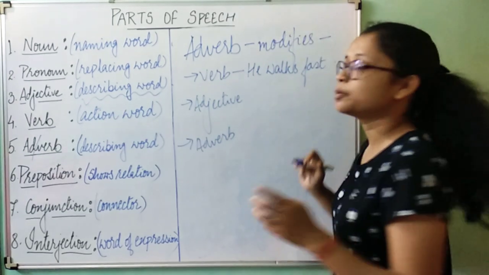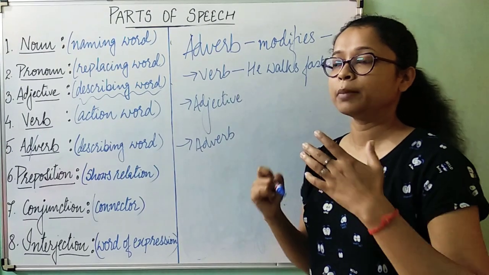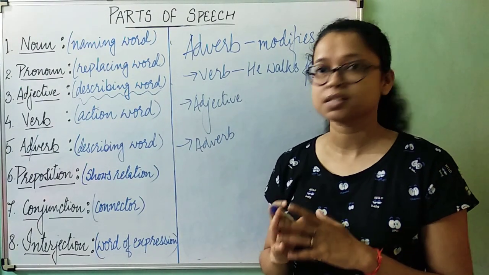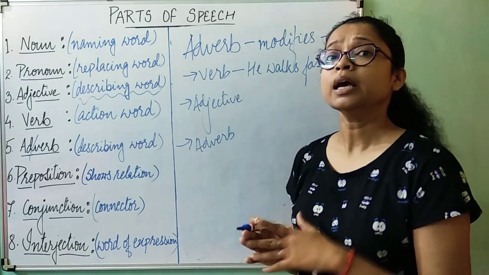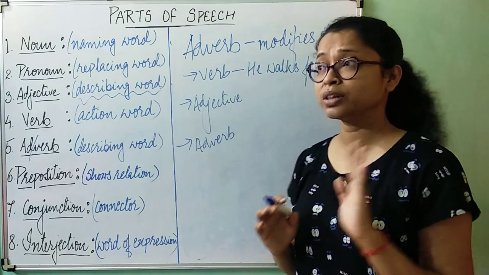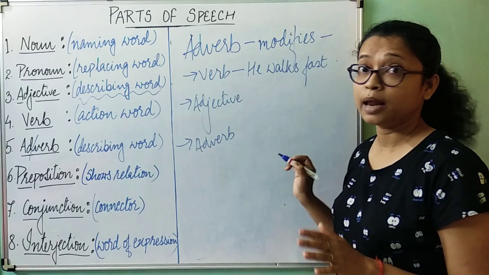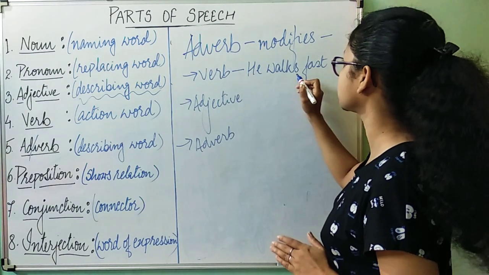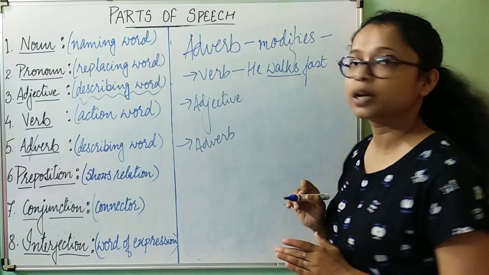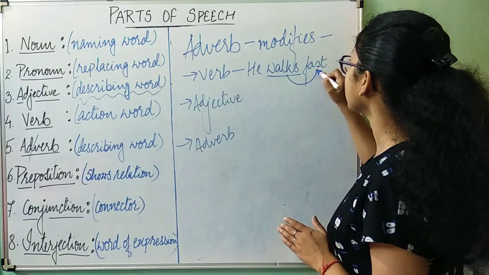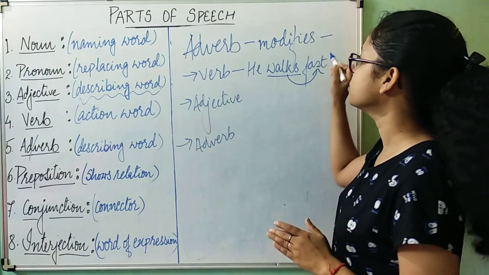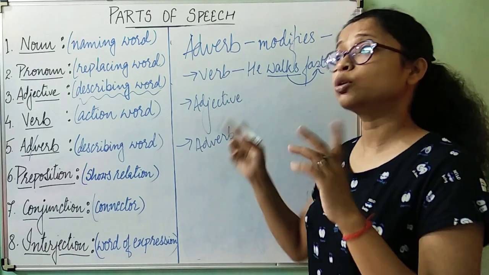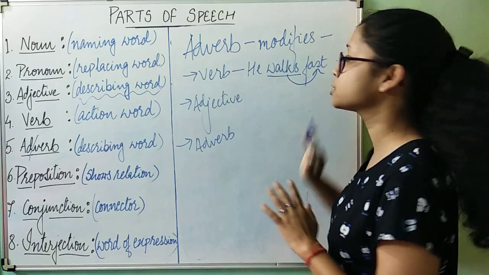Over here, let me tell you, there are many people I have seen who use the word fastly. But fastly is no term. The term is fast. With fast we cannot use ly. That's wrong. So, he walks fast. Walks here is a verb and fast is a word that is modifying the word walks, telling us something more about how the person walks.